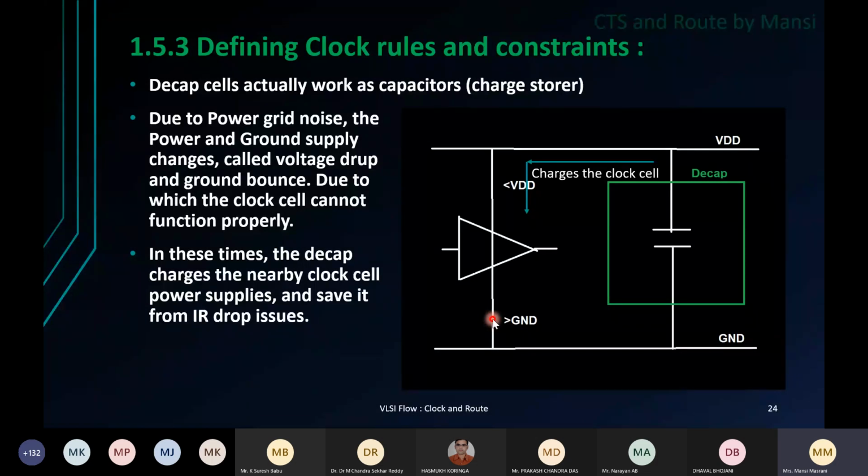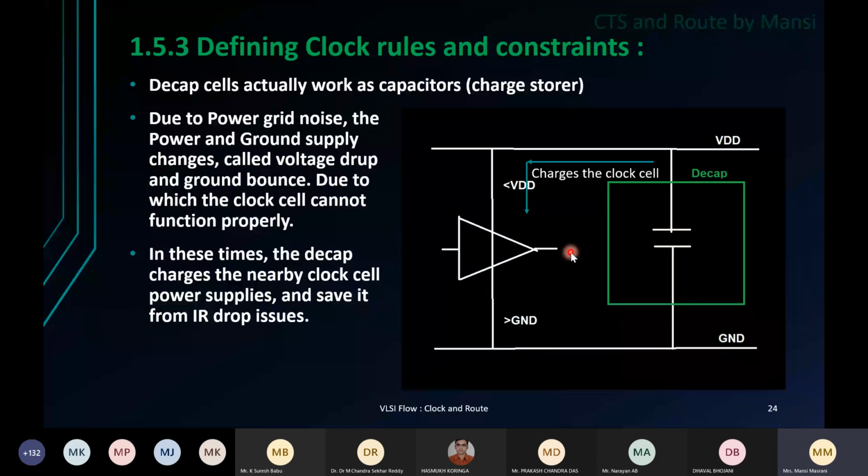If that happens, because of the noise margin of the CMOS, my whole clock buffer can act adversely. It cannot even have a proper output. Sometimes it gives weird output, or it just stays in high impedance state.